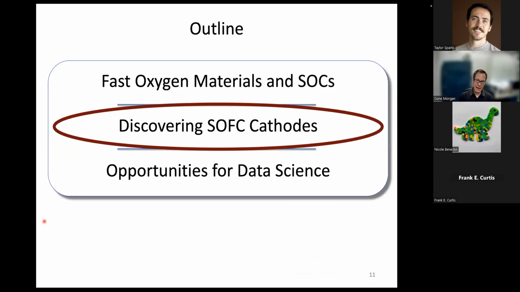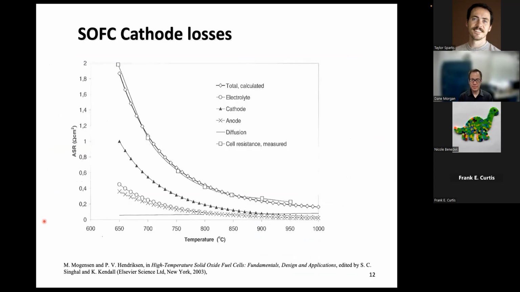So let me first explain one of the challenges of using them. And it has to do with what's called the area-specific resistance. That is basically the resistance in the cell, which is basically the inefficiency. So you should think of this axis as how inefficient the fuel cell is. So it's bad to be high on this axis.